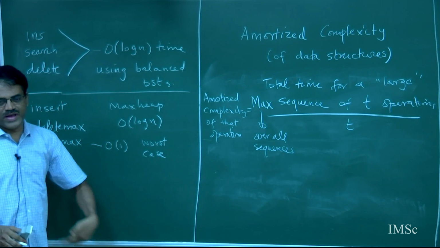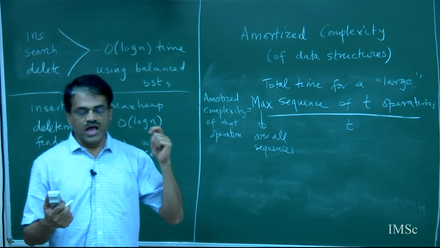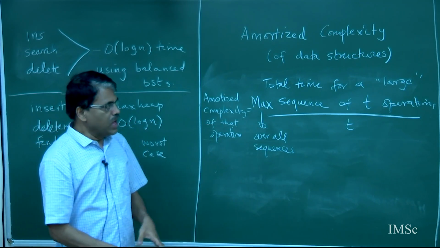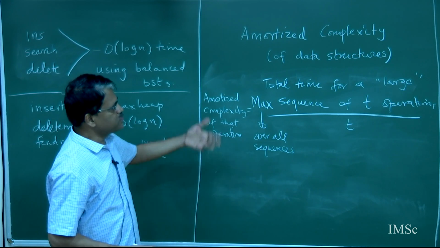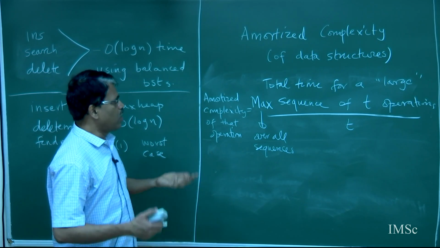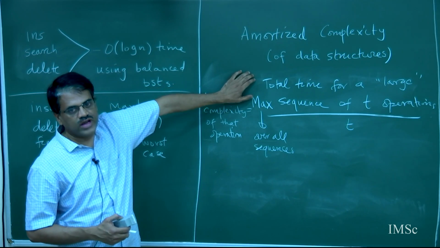Okay, we will see some examples where things will be very clear, but the point to note is the goal is not the time for one operation, but the time when I'm doing a lot of these operations. Why would this be a better measure of the running time? I care about the total time for t operations.